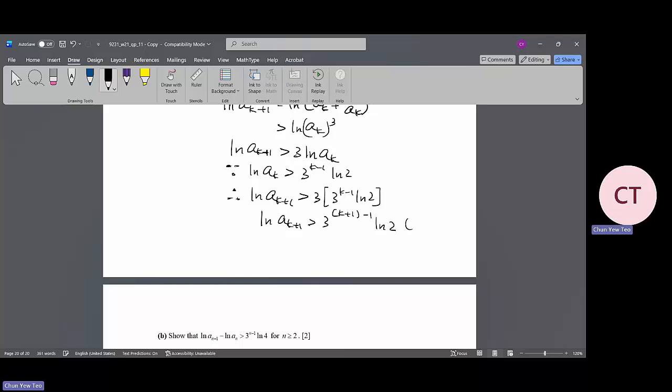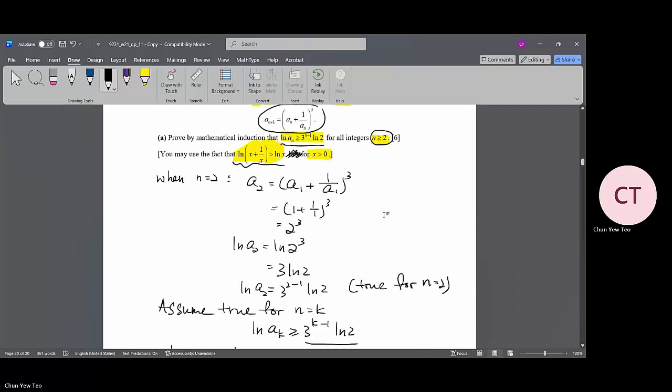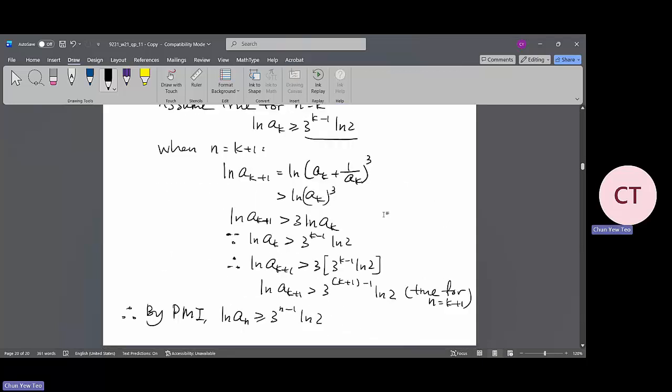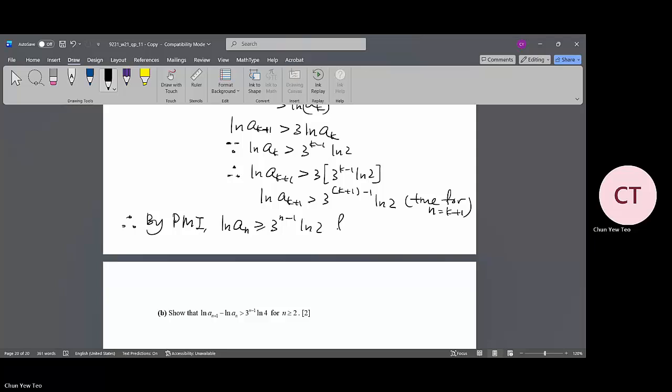So it's true for n equal to k plus 1. Therefore, by the principle of mathematical induction, we will say that ln a_n is greater than or equal to 3 to the power n minus 1 ln 2 for all integers n greater or equal to 2.